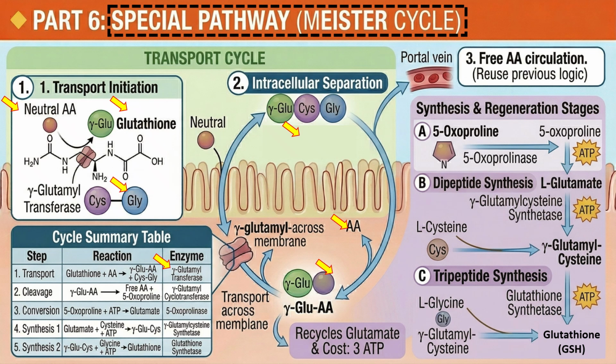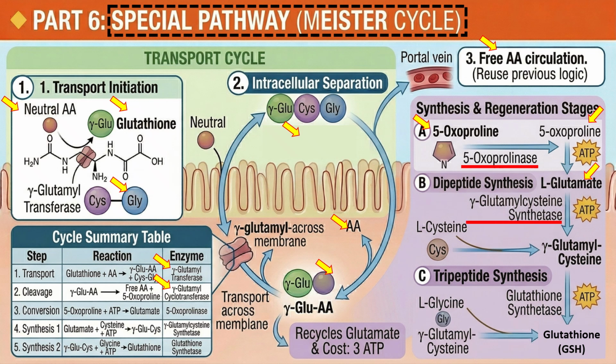Now this γ-glutamyl amino acid complex crosses the membrane and enters the cell. Inside the cell, the amino acid is released. That is, the enzyme γ-glutamyl cyclotransferase breaks down the γ-glutamyl amino acid complex into the free amino acid and 5-oxoproline. Then the enzyme 5-oxoprolinase converts the 5-oxoproline into glutamate with the consumption of 1 ATP.